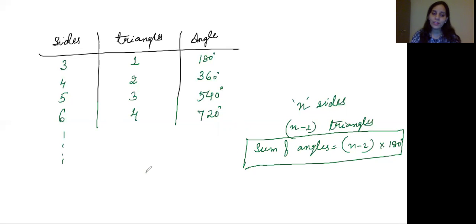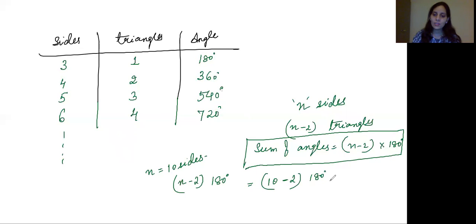For example, if we have a 10-sided polygon, which is known as a decagon, and we are asked to calculate the angle sum property, the formula is n minus 2 into 180, which is equal to 10 minus 2 into 180, 8 into 180, which will give you 1440 degrees.